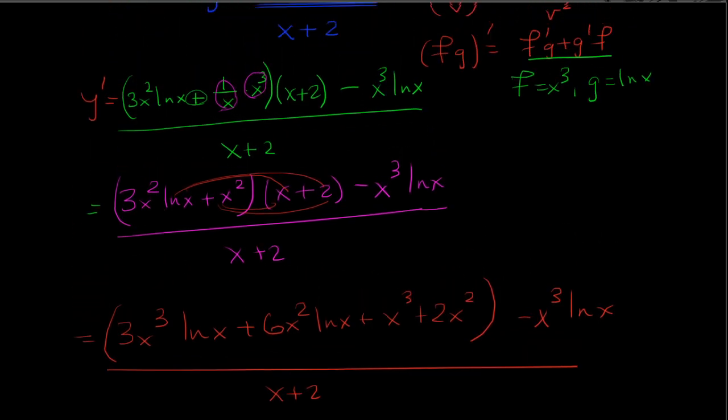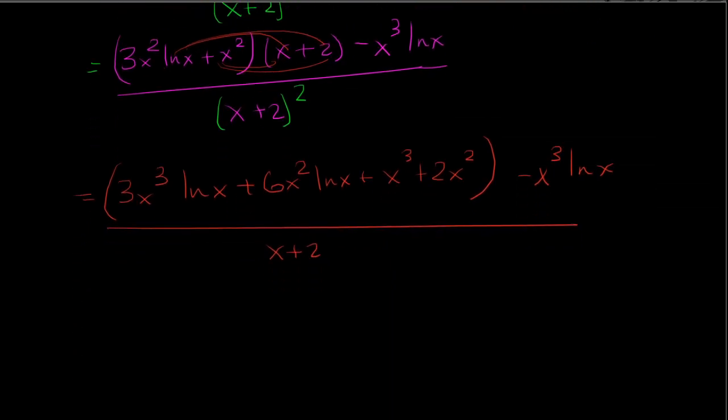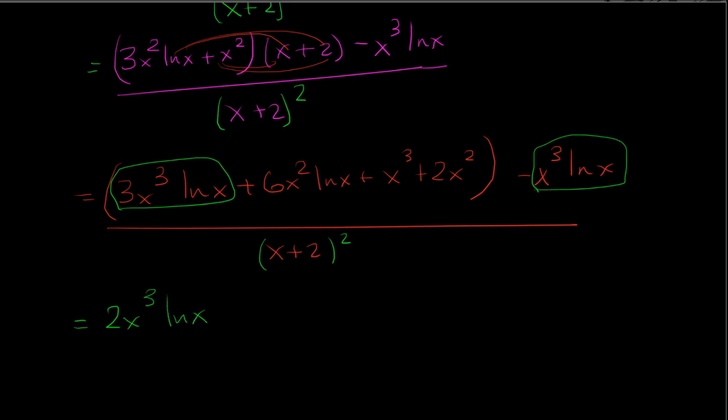And here I think I forgot to do the square, right? It's always the denominator squared. So let's add that in. Okay, let's see what simplifies. I have 3 copies of x cubed ln of x and 1 copy here. I'm going to be subtracting, so I'm going to be left with 2 copies of x cubed ln of x. And then just copy over the rest.